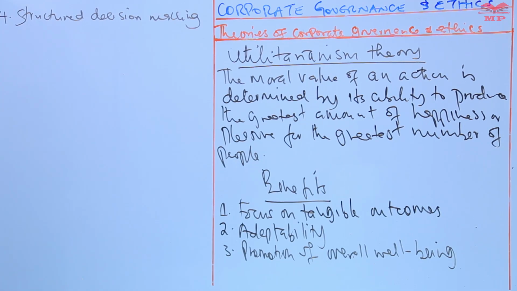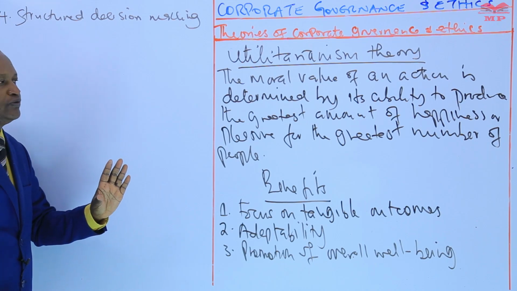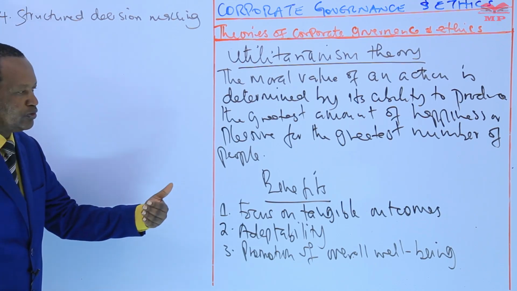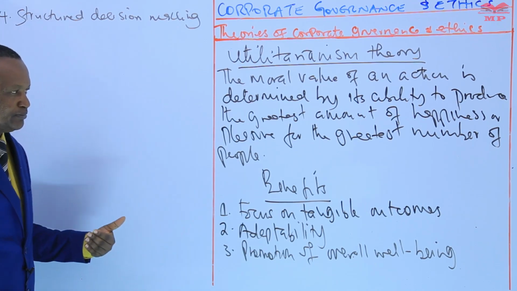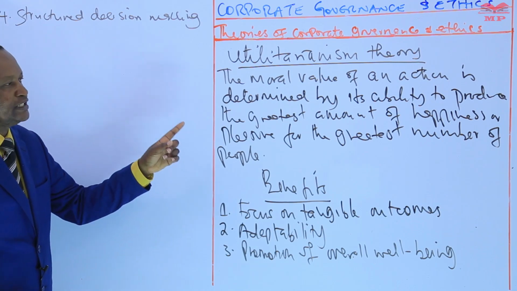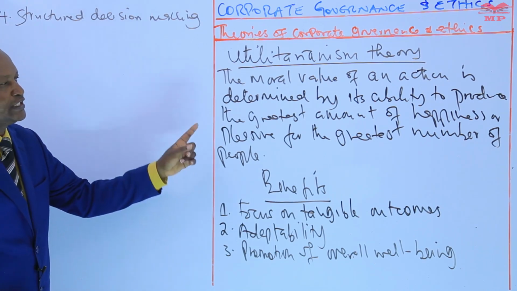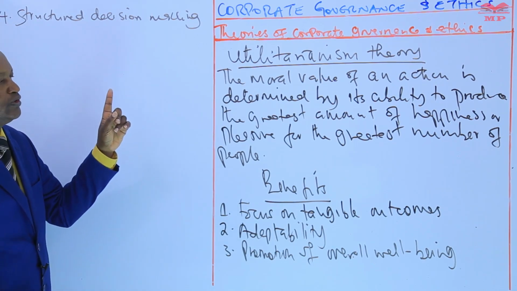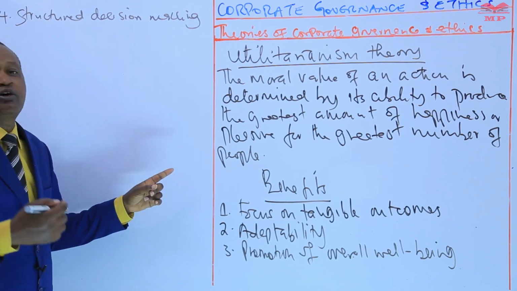It offers a systematic approach to decision making, encouraging companies to evaluate the potential consequences of different actions and to choose the one with the most favorable overall outcome, the greatest amount of happiness or pleasure for the greatest number of people.